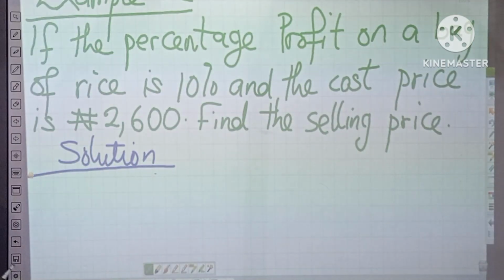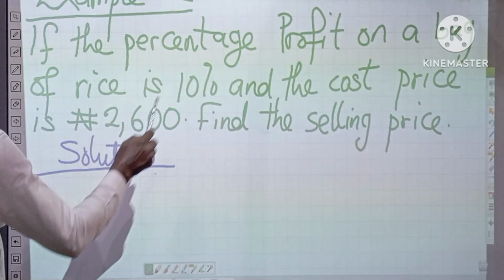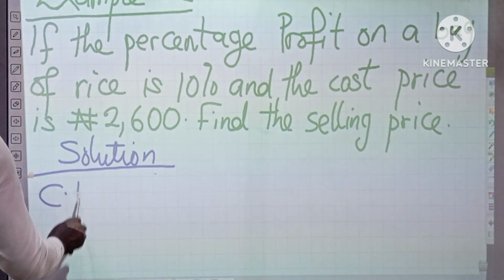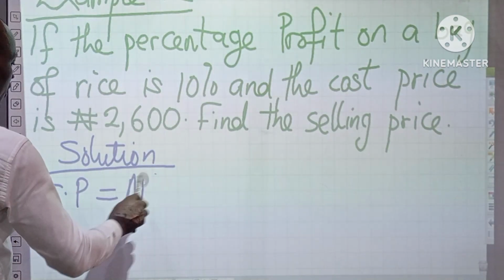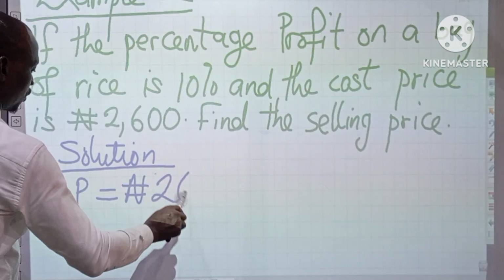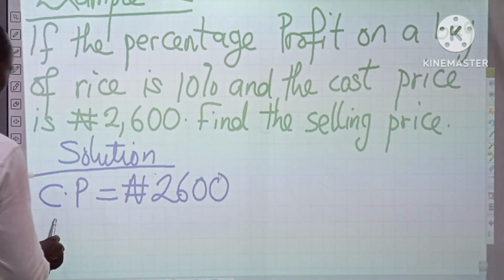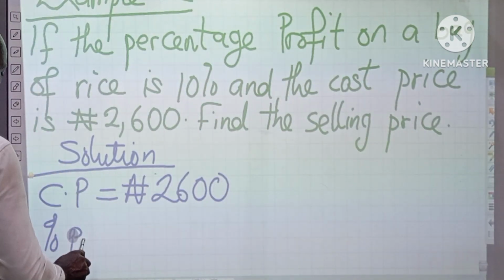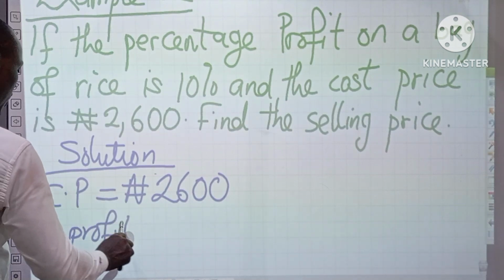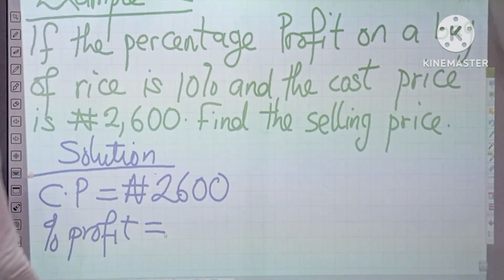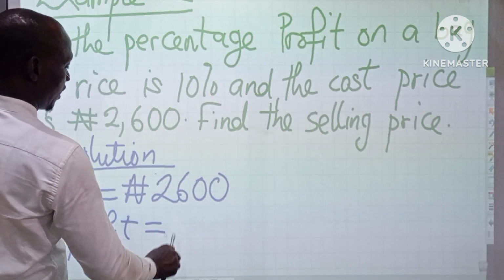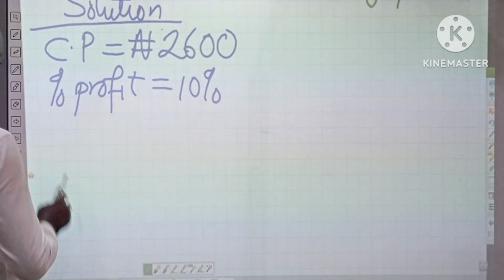So the first thing we must do is to write up our parameters. So our cost price for the bag of rice is actually 2,600 naira. Percentage profit for this bag of rice is equal to 10%.